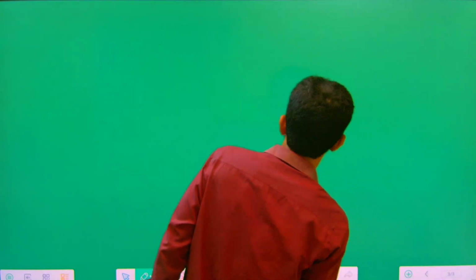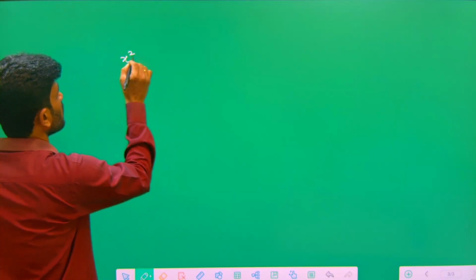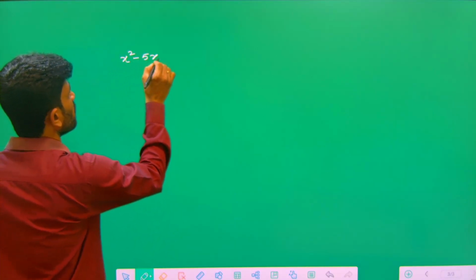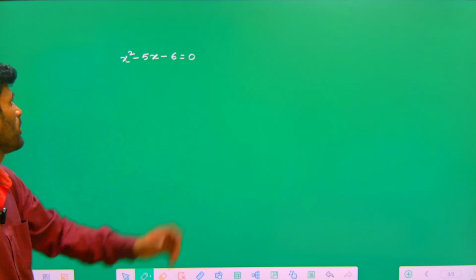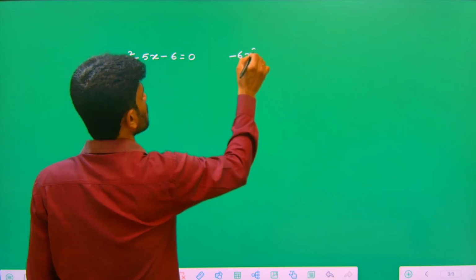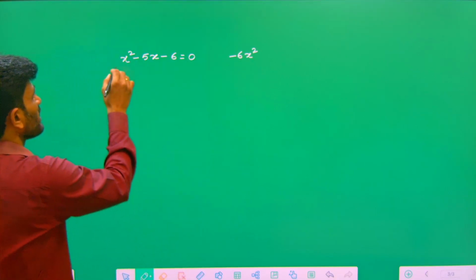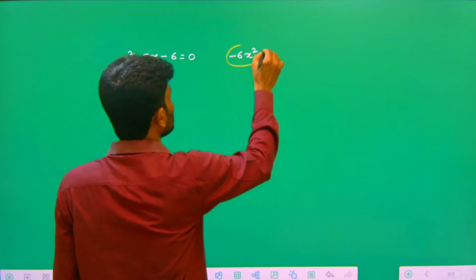Let's see this. Now I am taking x square minus 5x minus 6 is equal to 0. This is another example. Here when you multiply these two, the result is minus 6x square, because plus x square into minus 6 is minus 6x square. Here you see this product is negative.